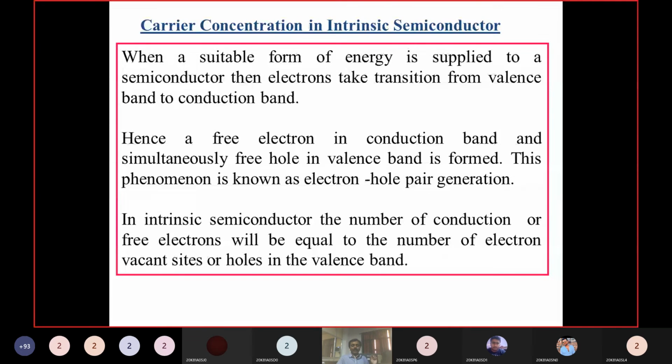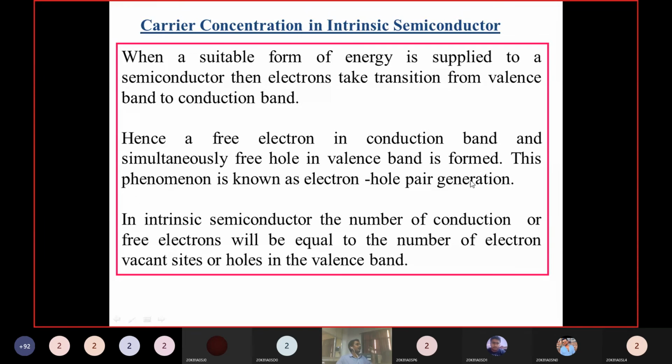So in the case of silicon, if you give a little amount of energy, those electrons will jump from the valency band to the conduction band. Hence a free electron in the conduction band and simultaneously a free hole in the valency band is formed.